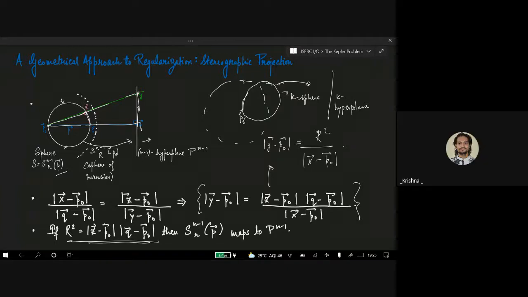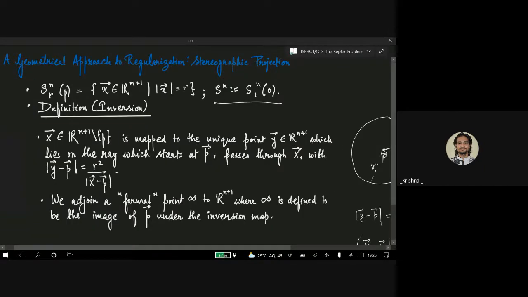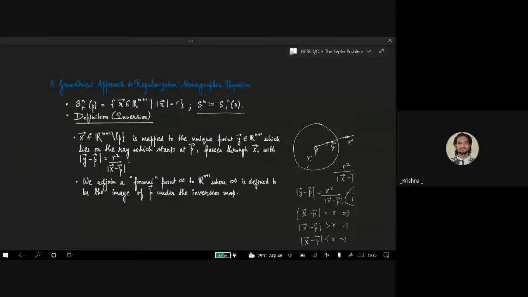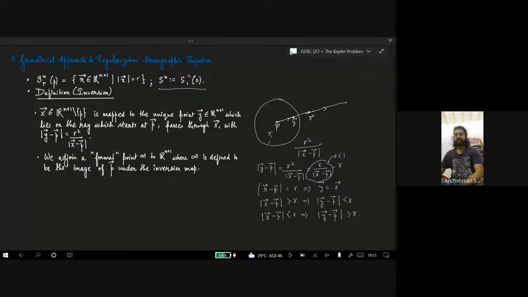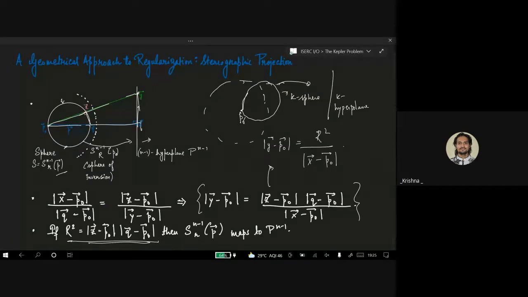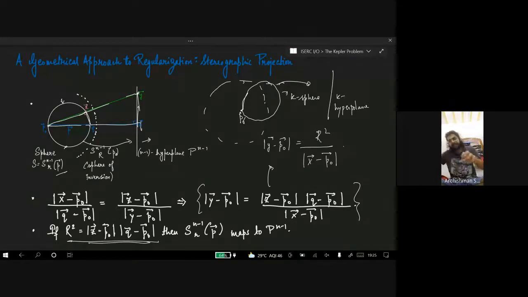Is that fine? Still I'm not getting the idea. So in the previous slide, you defined that we can map any exterior point to the interior of a sphere by the formula. And I think I agree with this. But in the second case, you are taking a second sphere. I'm taking a second sphere that I'm inverting. The dotted line represents the sphere with respect to which you're inverting.